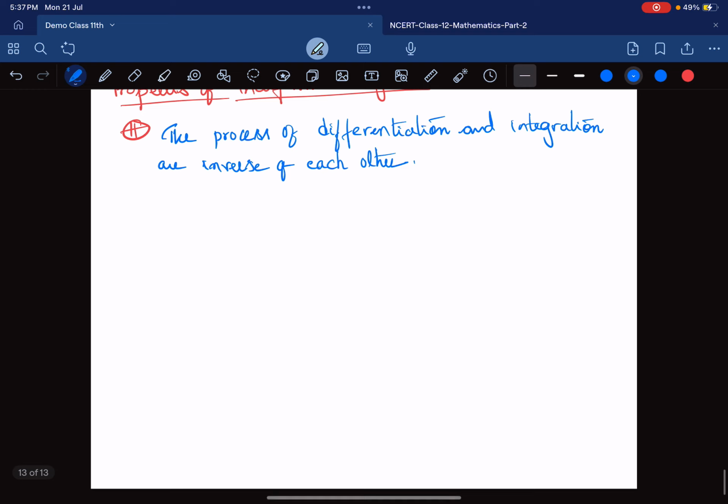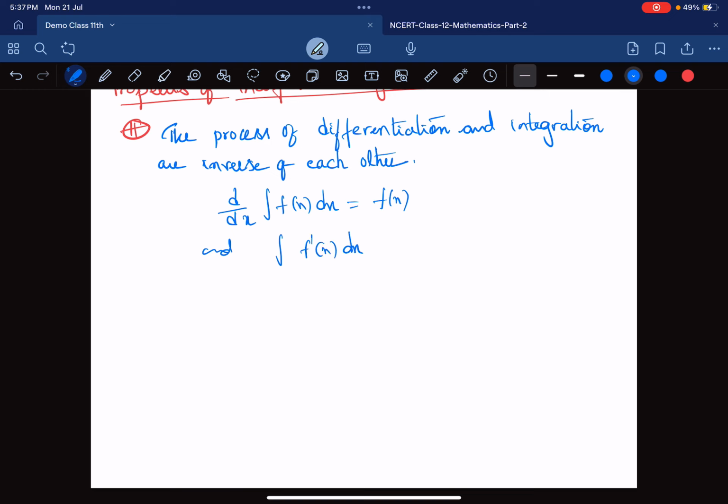For example, d by dx of the integral of f of x dx is equal to f of x, and the integral of f dash of x dx is equal to f of x plus c, where c is an arbitrary constant.